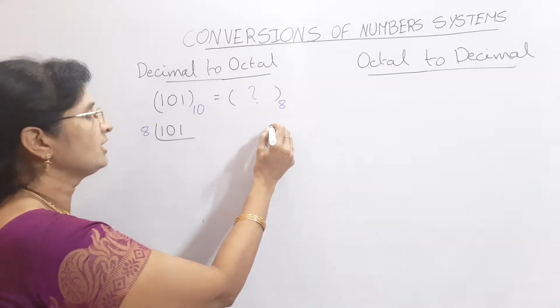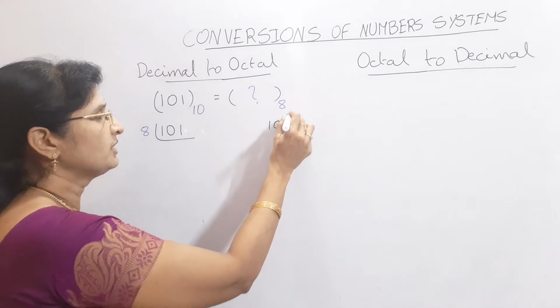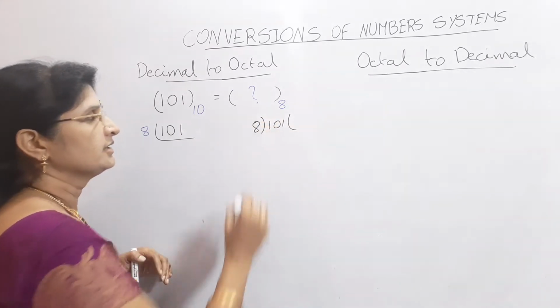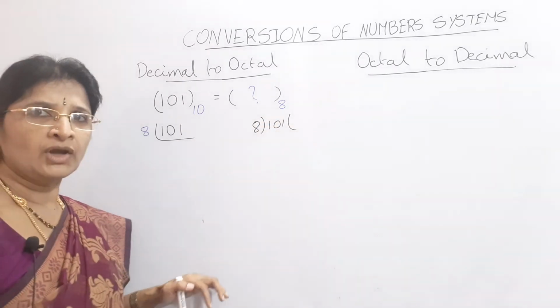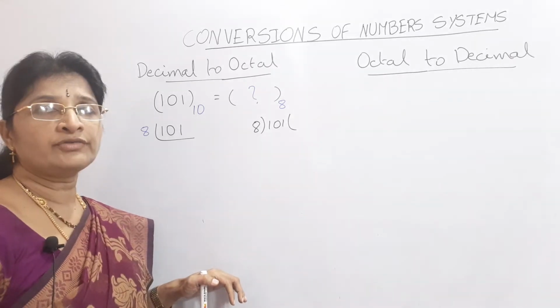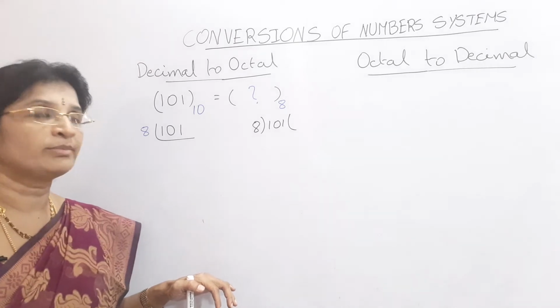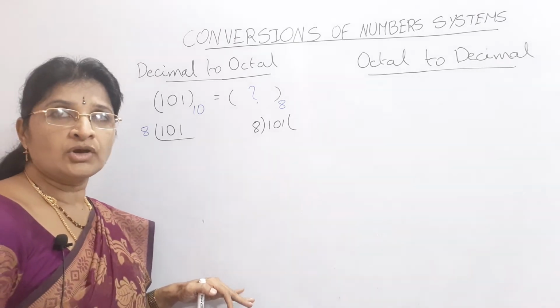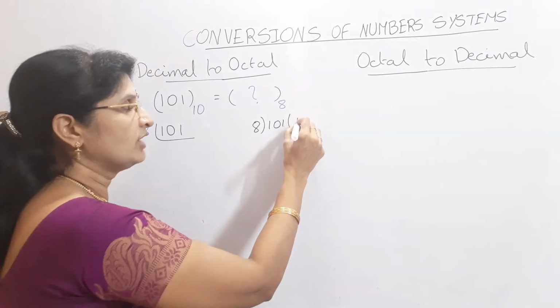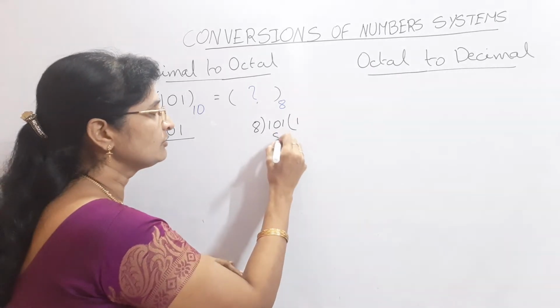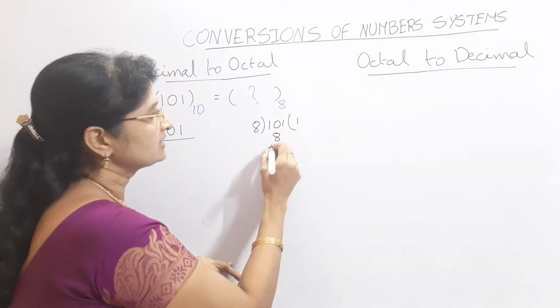I will show an example of how to perform integer division. For example, if you take 101, it must be divided by 8. How many times will 101 be divisible? First of all, one time. One time means here you will get 8, so 8 ones are 8.